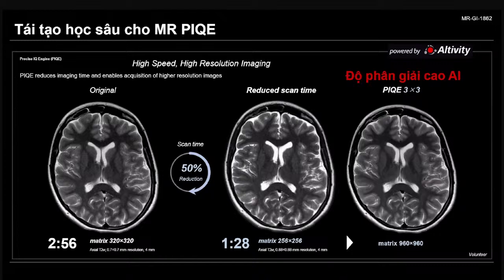So what you get is a shorter scan time as compared to a conventional scan. But on the right-hand side is a high-resolution image matrix that uses an AI high-resolution algorithm to give you the high-quality image without the penalty of time.